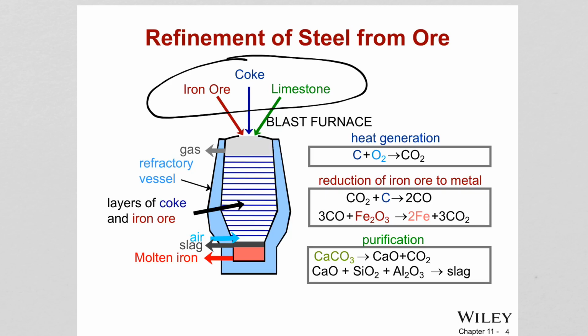As you can see, some reactions take place within the blast furnace to generate iron. The carbon reacts with the oxygen to produce carbon dioxide, and then carbon dioxide reacts with carbon to produce carbon monoxide.